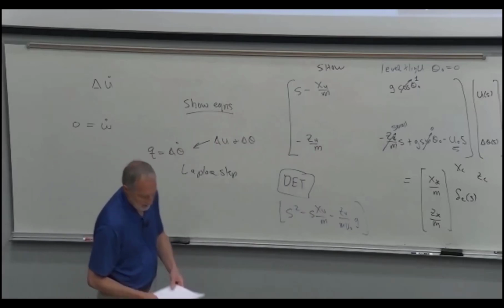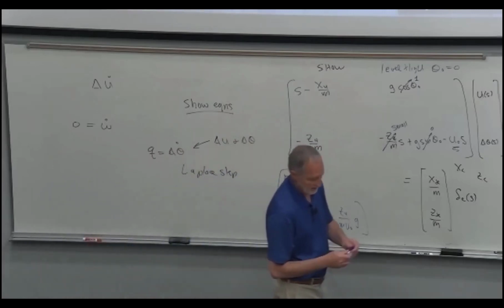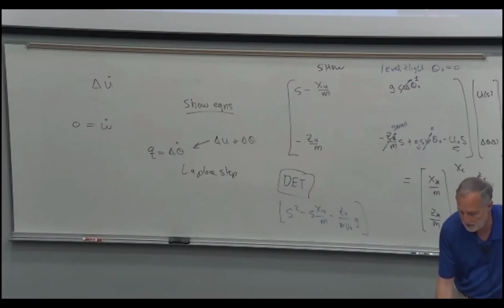All right, and then I want to show you the numbers plugged in for the second problem, because there's a lot of numbers, and that way you can spot check what you did.